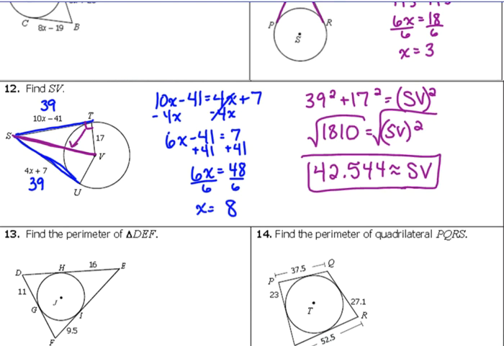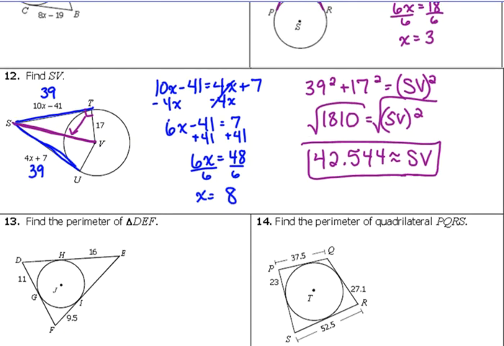So it should be longer than both the legs, and it is. The longer leg is 39. 42 is obviously longer than 39. So that checks out. Any questions about anything that I did on that one? Because that was definitely multi-step, just putting together a new idea with the idea we just learned a few minutes ago.